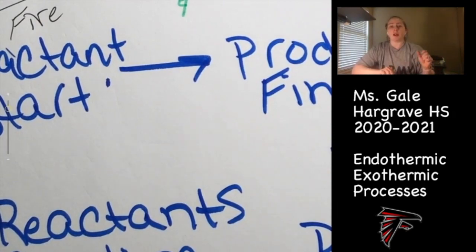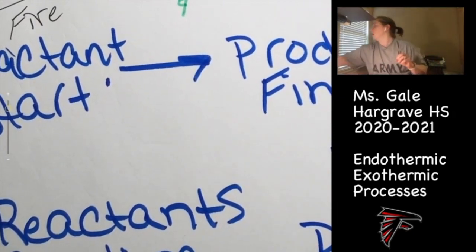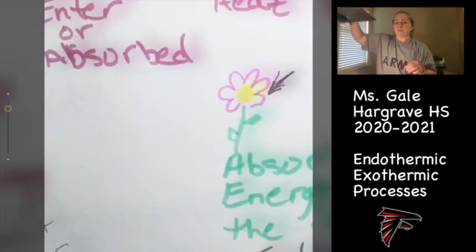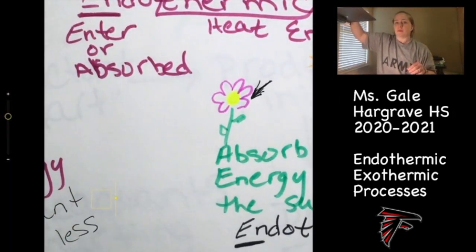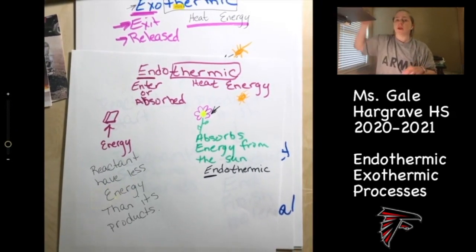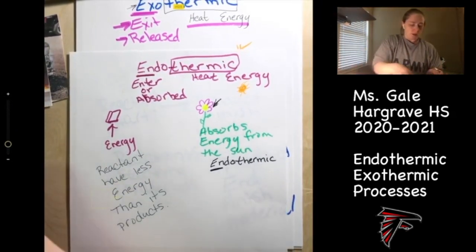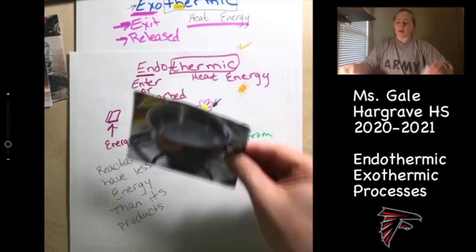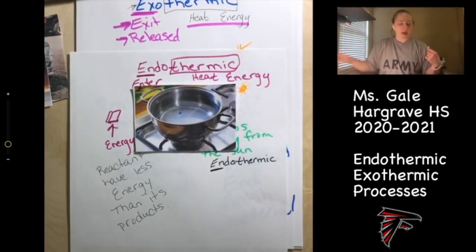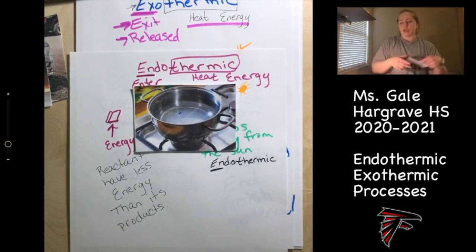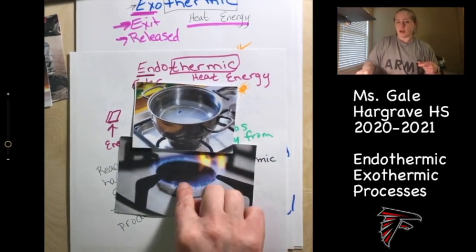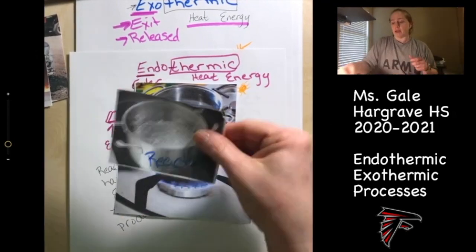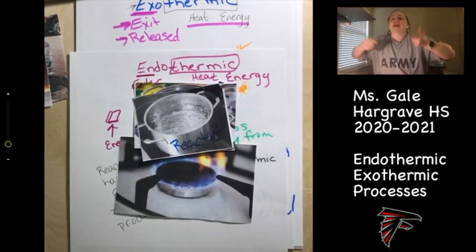So going back to endothermic real quick. Endothermic. Go into our pot of water. A pot of water on a burning stove. That energy is being absorbed, entering into that pot. After a few minutes, energy increases in that pot.